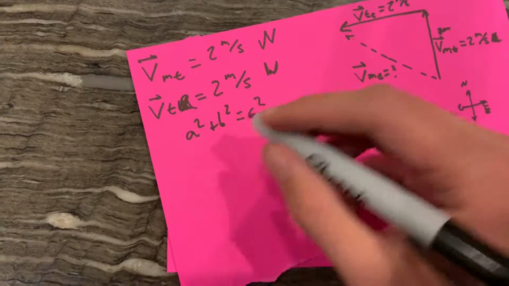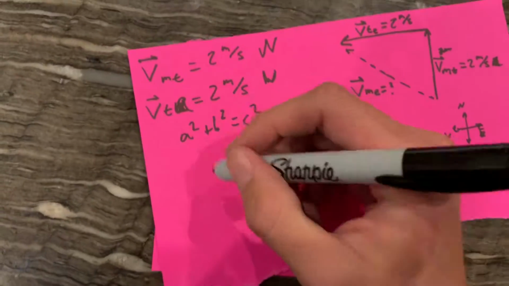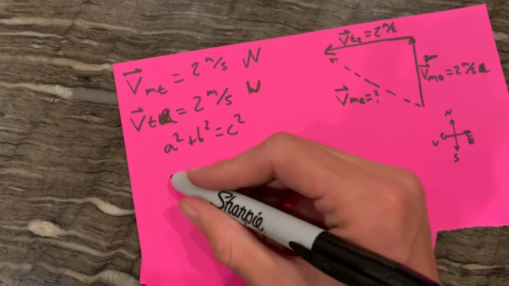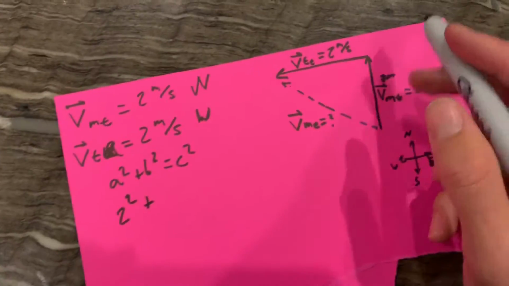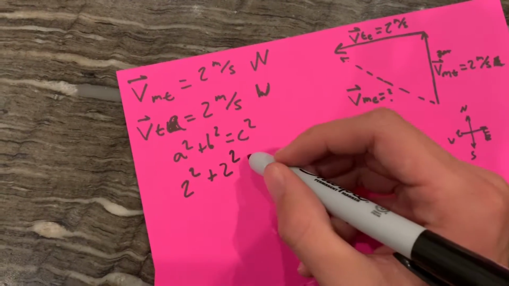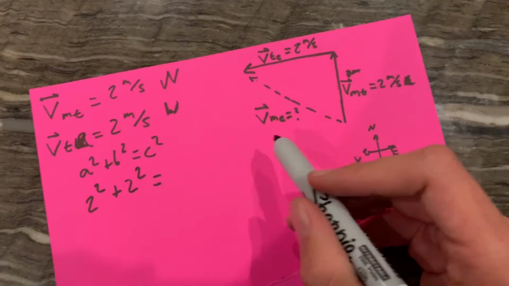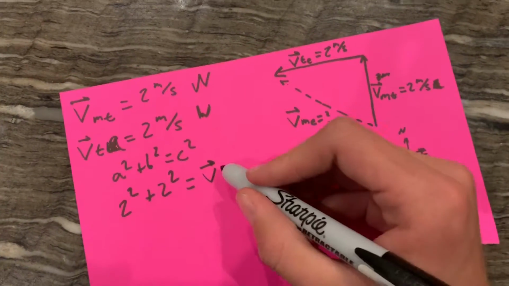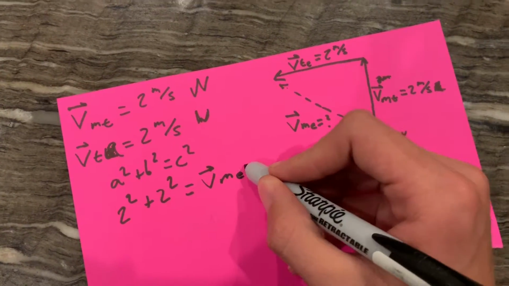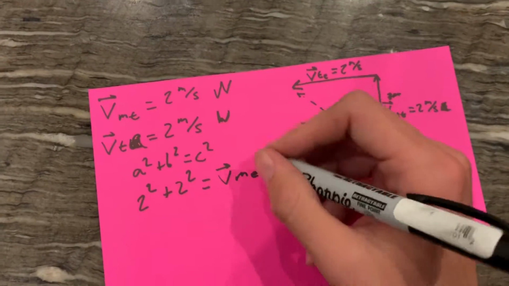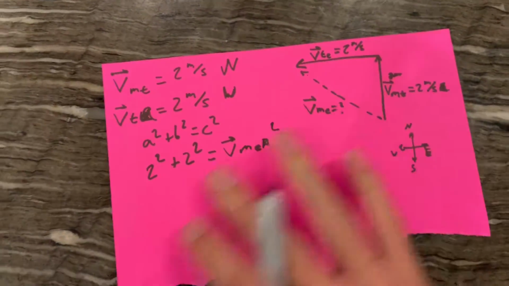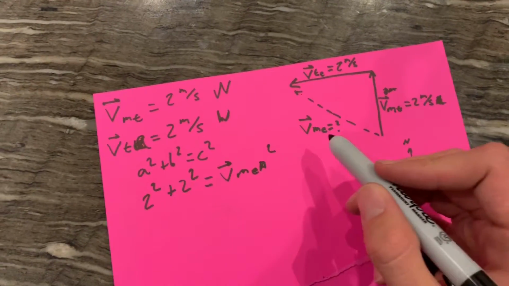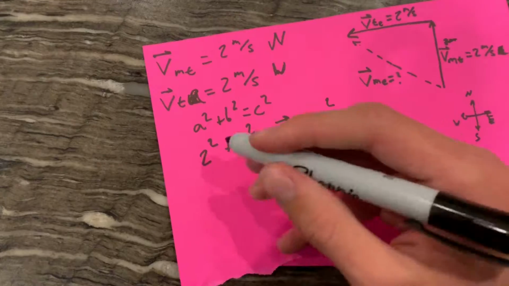In order to solve for this, we need to plug in the values. 2 meters a second is one of the side lengths, so 2 squared plus another 2 meters a second, 2 squared, is equal to the velocity of Mario with respect to the Earth, squared. By solving this, we will be able to get the velocity of Mario with respect to the Earth.